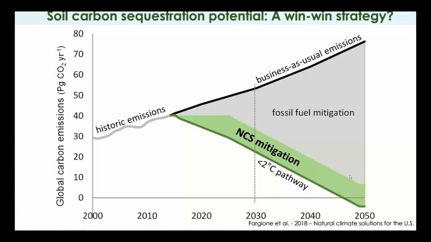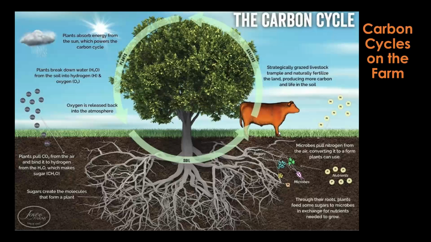A large portion of that pathway is a function of fossil fuel mitigation, but a significant portion can be attributed to natural climate solutions, and that's what NCS stands for. In fact, a study published in 2018 estimated that with a suite of natural climate solutions, we could offset about 20% of net annual US emissions as of 2016.